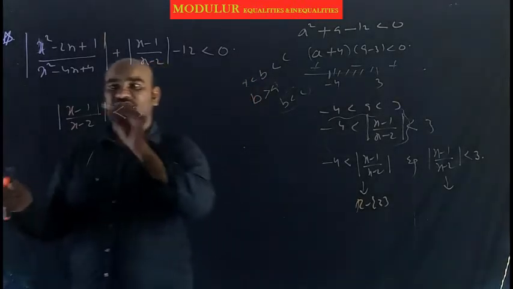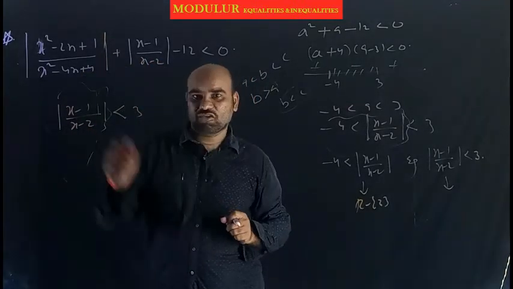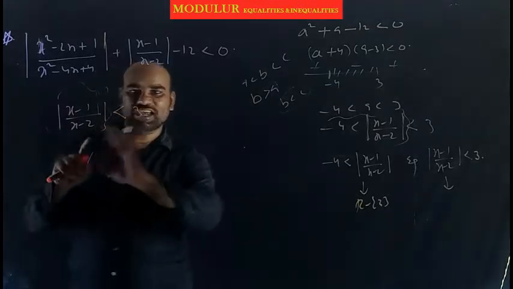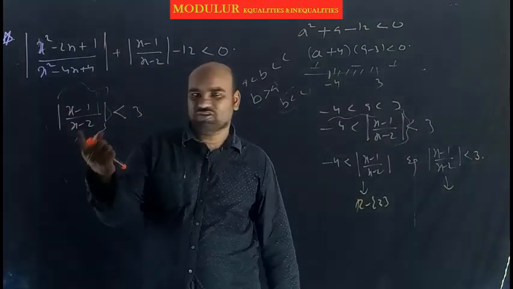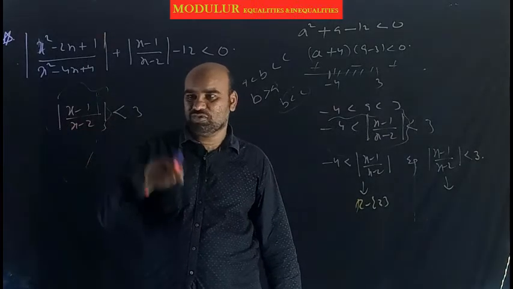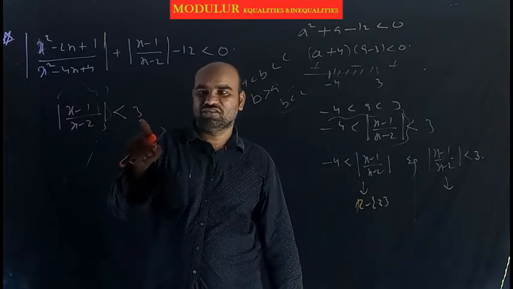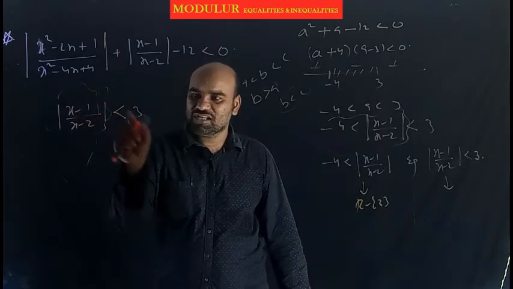Interesting, students. This is a non-negative quantity, already positive. Squaring both sides, nothing happens to the inequality. X is not equal to 2, already excluded. This is non-negative, so it is already positive, just like 0 less than 3.